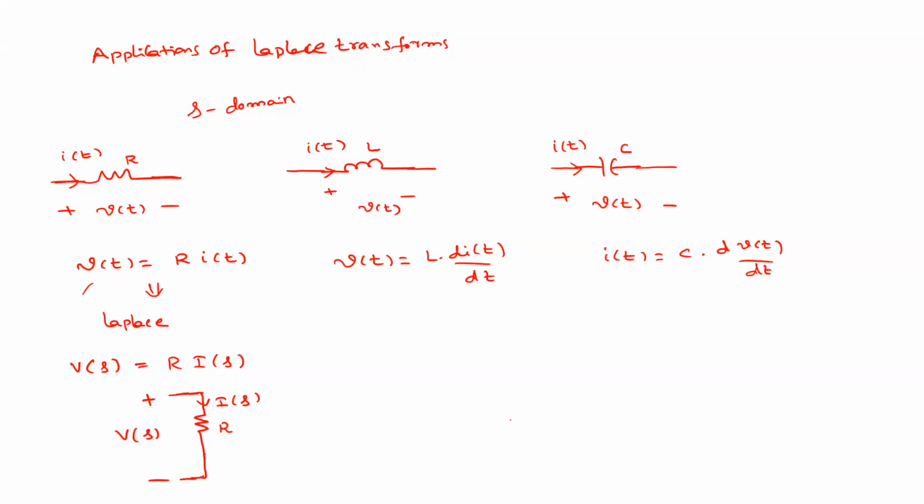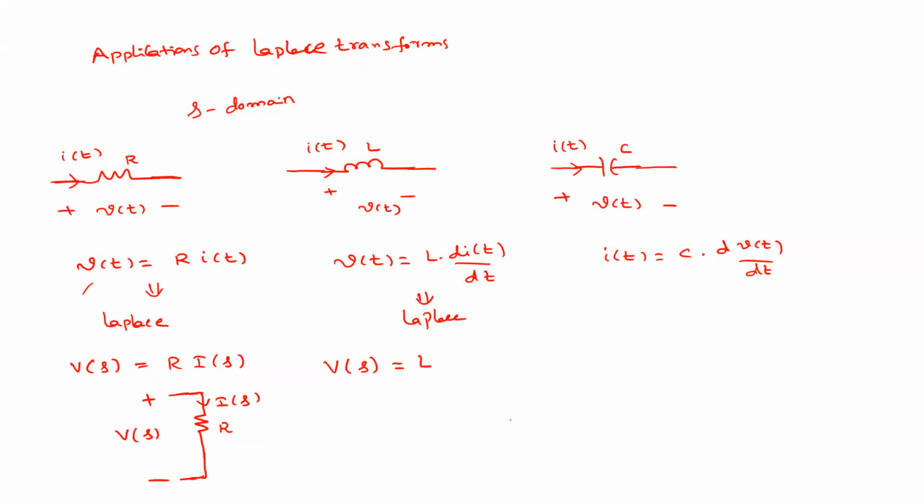Right. In the same steps, if you apply Laplace here, what will you get? Again, V of t is V of s. So L, and what is di of t by dt?